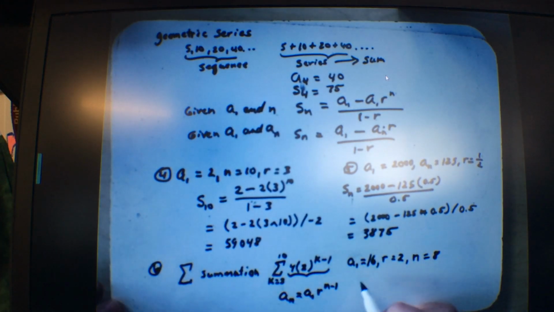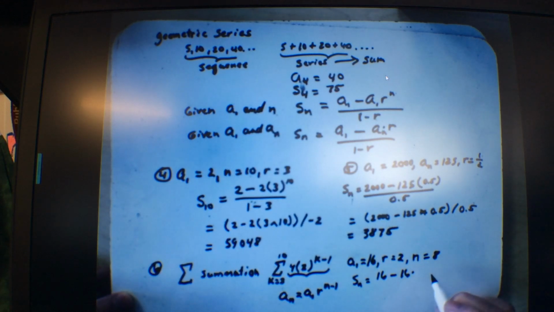Now, which one of these two formulas would I use? The top one. So I would go S of the first 8 terms, right? So S of n equals 16 minus a sub 1, which is 16, times r, which is 2 to the 8th power, over 1 minus 8.